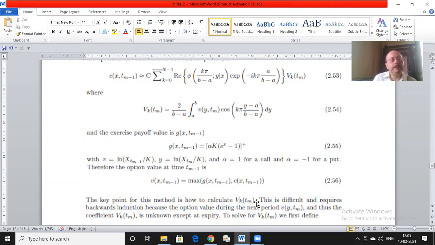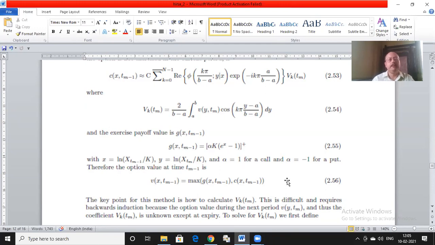So what is happening is now, if I exercise, I will get this Gx value at time Tm minus 1. If I continue, I will get the C x Tm minus 1 value, which is computed through 253 and 254. So my decision at the time point Tm minus 1 will be based on which one is bigger.